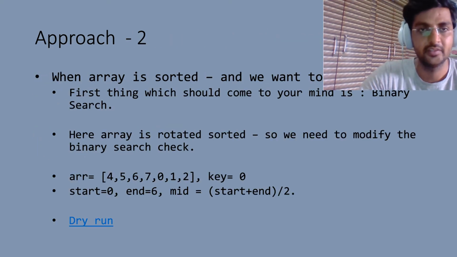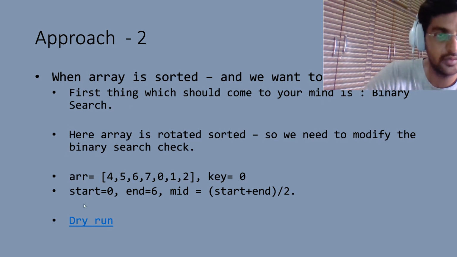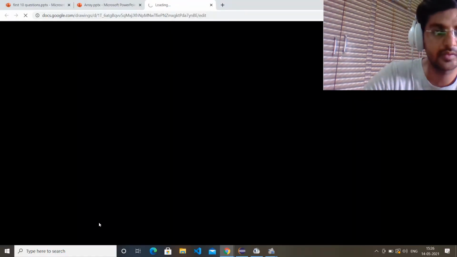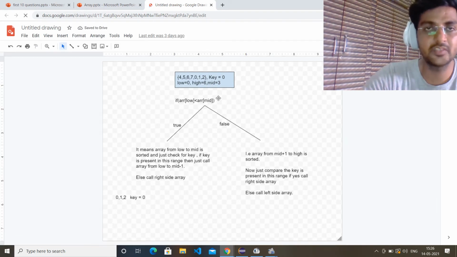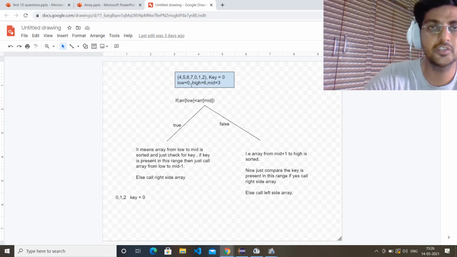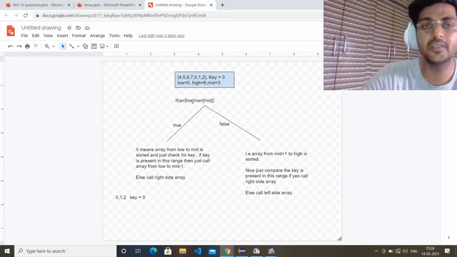Here I have written an example just to explain. Let's say we have this array. We get the middle element as 3. How do we get the middle? Low plus high divided by 2. What check do we need to do? First of all, compare the low element with the middle element, to make sure that the array from low to mid is sorted.